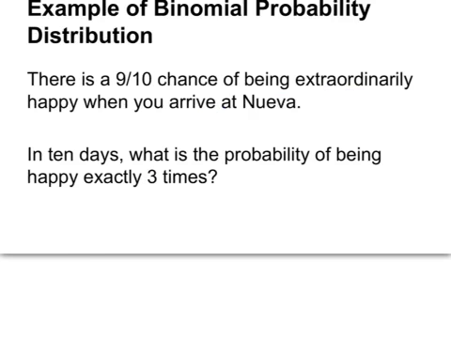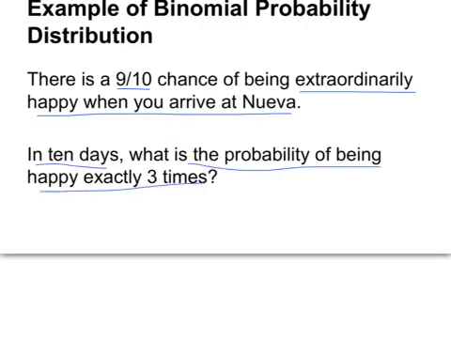Let's look at a couple examples of this. Let's assume that there's a 9/10 chance of being extraordinarily happy when you arrive at Nueva. In 10 days, what's the probability of being happy exactly 3 times?